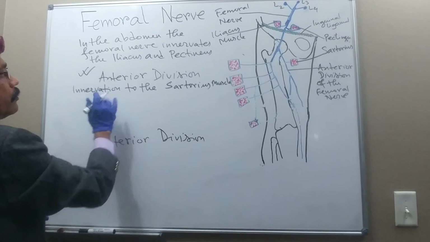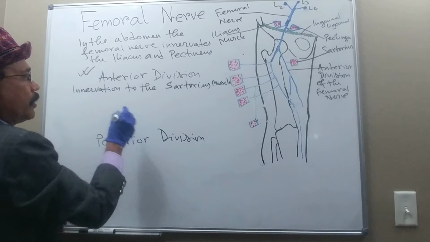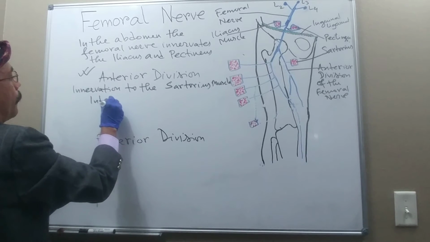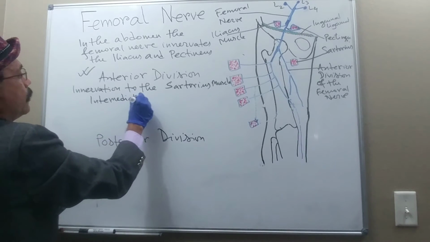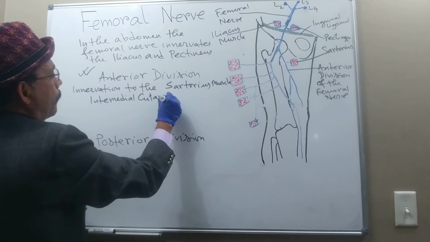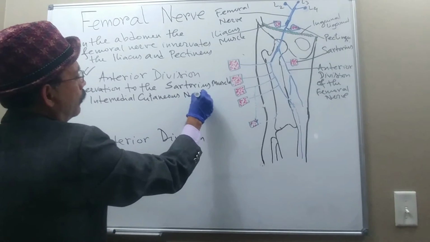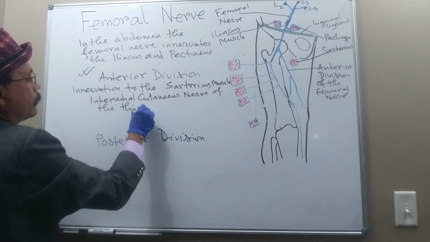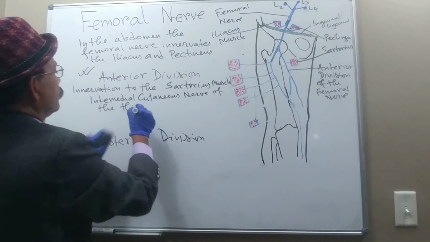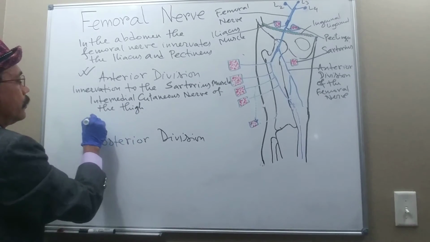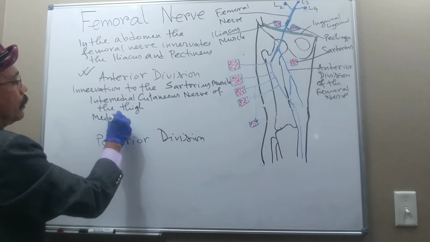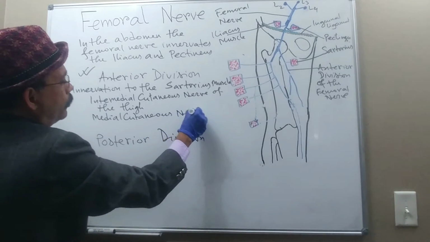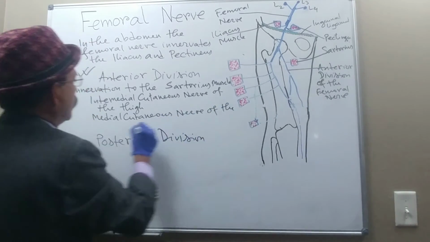From the anterior division we also have cutaneous innervation. This is muscular innervation; for cutaneous innervation, we have two cutaneous branches: the intermediate cutaneous nerve of the thigh and the medial cutaneous nerve of the thigh.